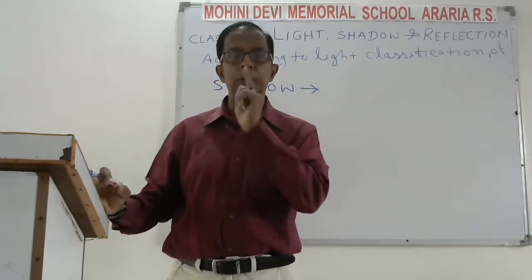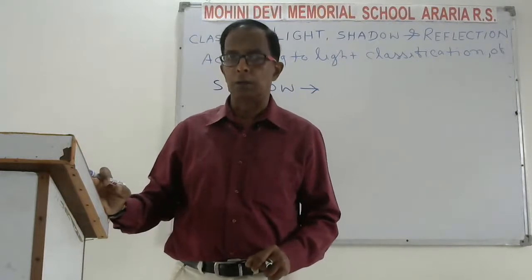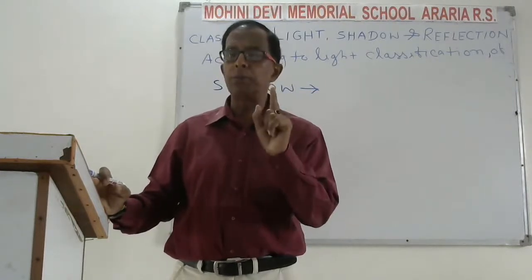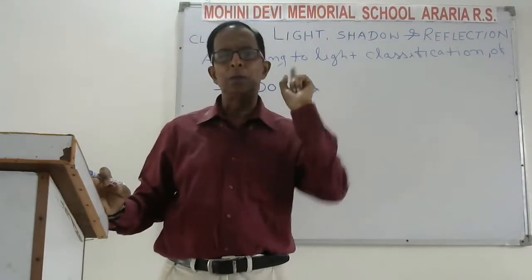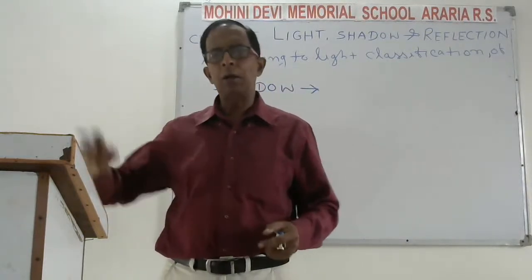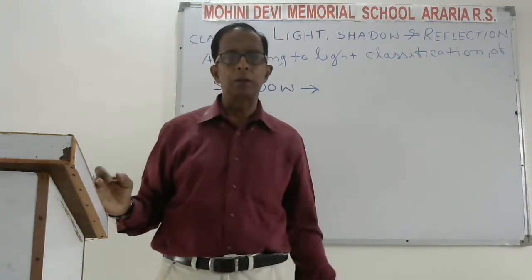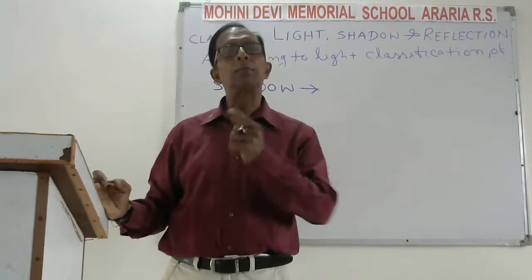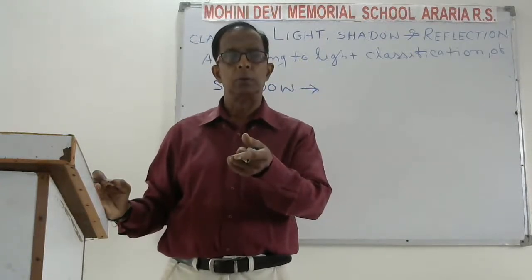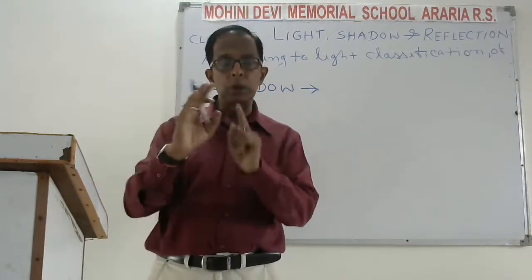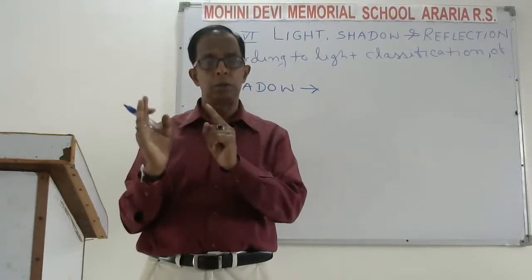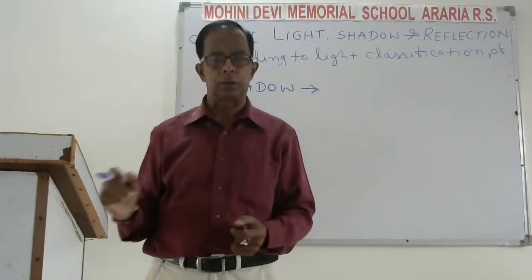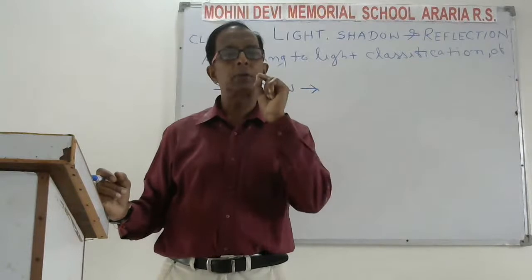Even yourself shadow forms on the earth. And where it forms behind you in the back side, or in the left side, or right side, or in front of you. Why the position of formation of shadow is changed, it is also discussed here. At first, what is shadow?